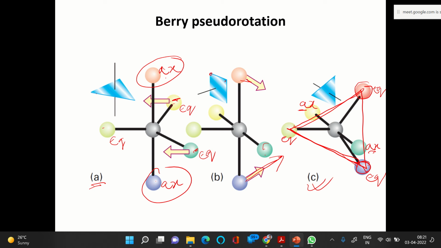So there is a randomization that occurs. If you take a time average picture, then all of them would behave as if all the bond lengths are equal, and the electronic environment is the same.